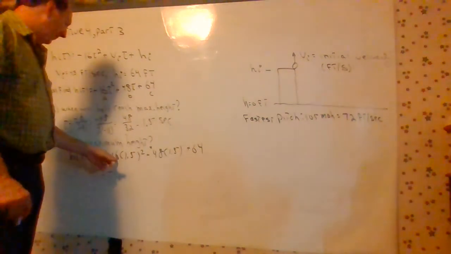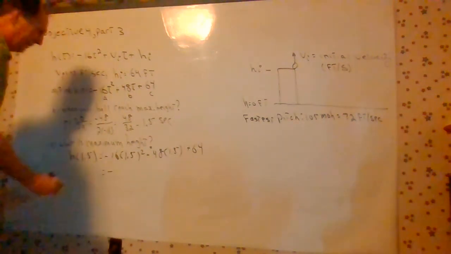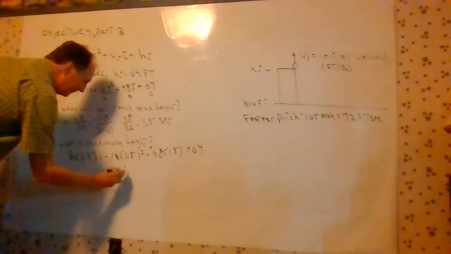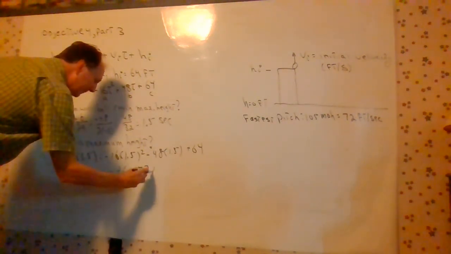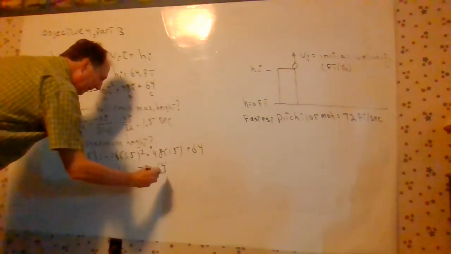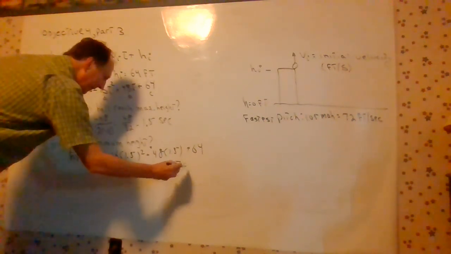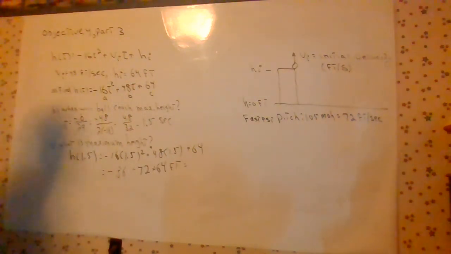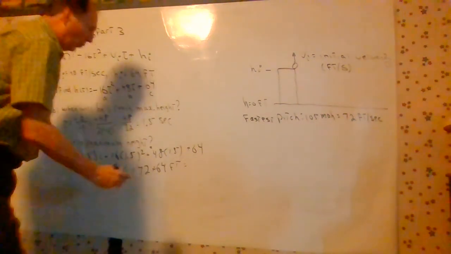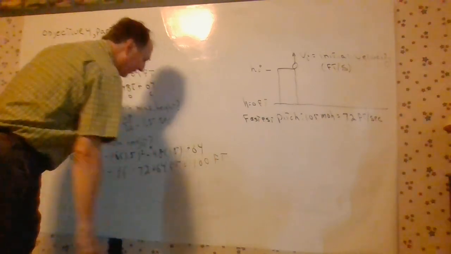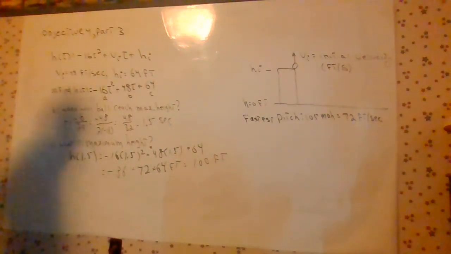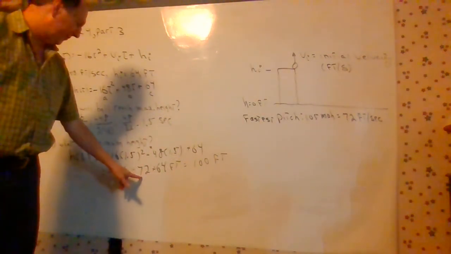And 2 times 16 is 32, and a quarter of 16 is 4, we get negative 36. Plus 1.5 times 48 is 72. Plus 64, this is feet. And we can add that up, and we end up getting 100 feet. You can verify that or do it on your calculator, but these two terms combine to be 36. 36 and 64 is 100 feet.